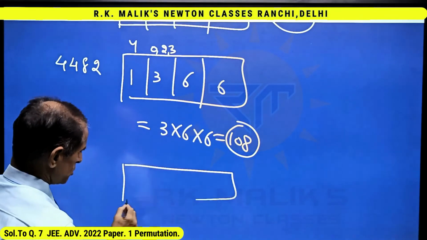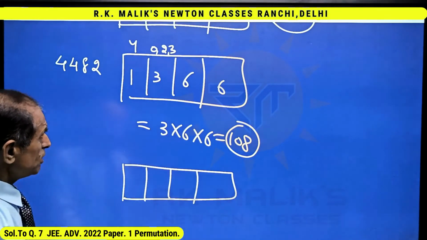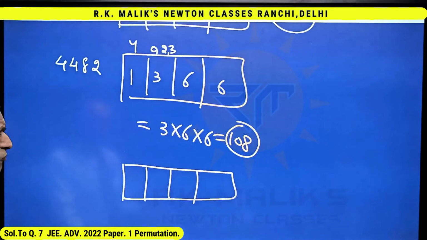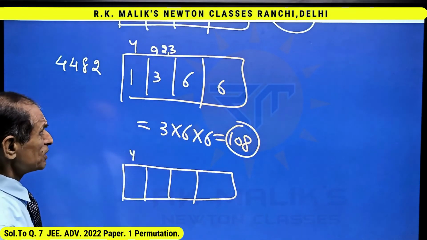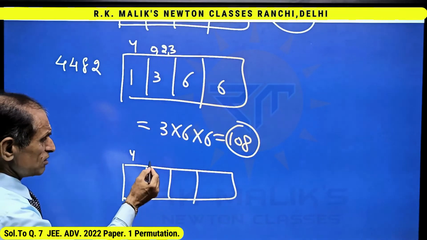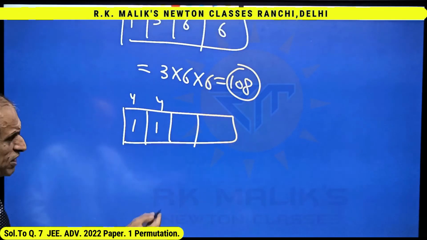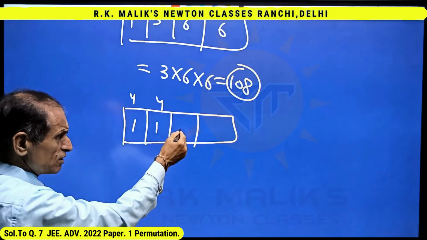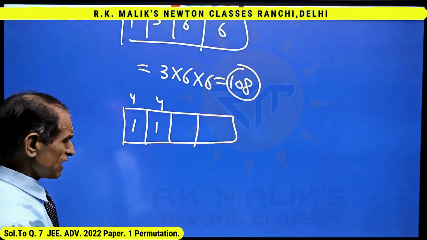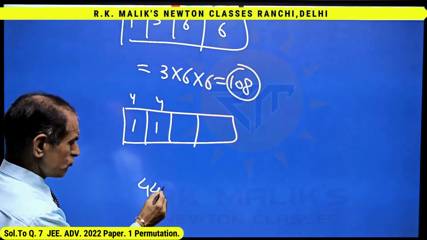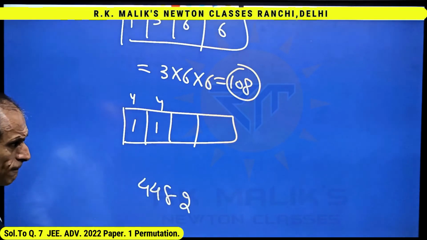Now I'm finding the numbers which have 4 in the first place and 4 in the second place. Whichever digit I write here, the number formed is going to be less than 4482.